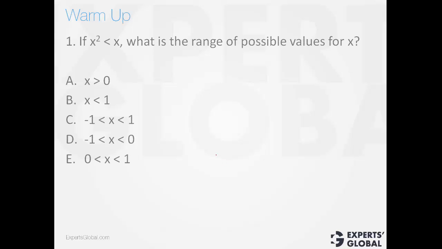A warm-up question to begin with, quite straightforward. If x square is less than x, what is the range of possible values for x? If you have seen my earlier video on factorization-based inequations questions, I have explained this in detail.